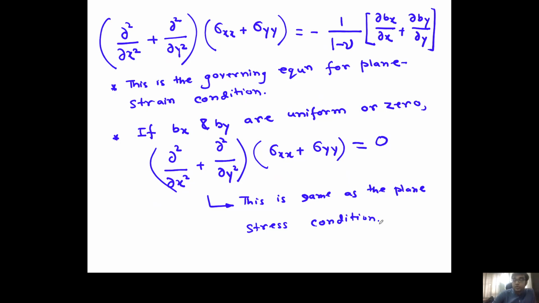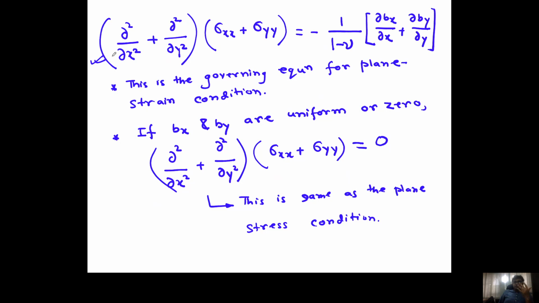So what we did was we started with the compatibility equation. We represented the compatibility equation in terms of the stresses, and then we took the stress equilibrium and brought it into picture, coupled those, and arrived at the governing differential equation, which is this one. So basically, this is one single equation which satisfies the compatibility condition and all those things.